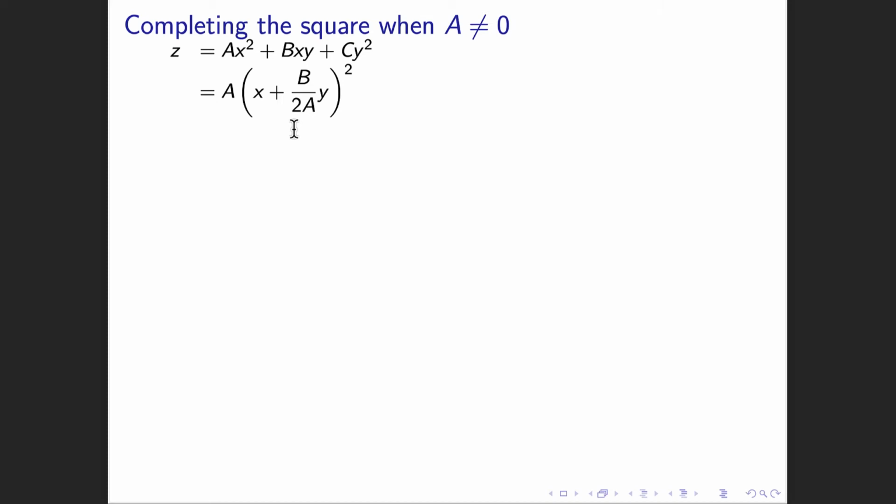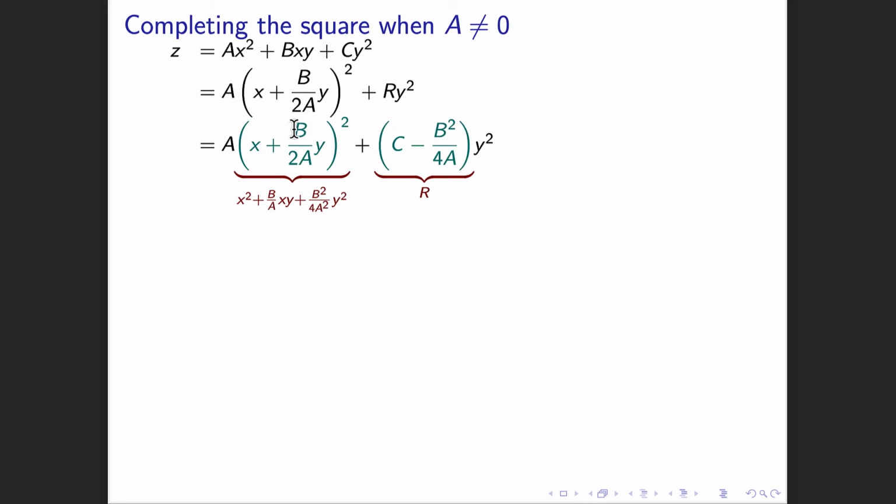As we are aware, we will get an extra term with y squared, so the coefficient of y squared is not going to be c anymore. We have to subtract that from the original term of y squared, and then the new coefficient of y squared is going to look like that. Now this gives me a little bit more information.